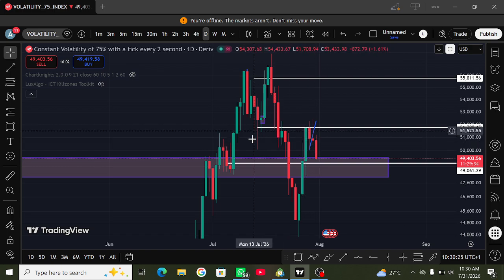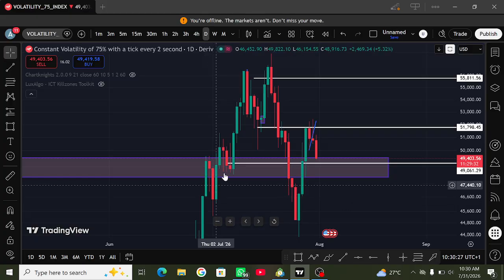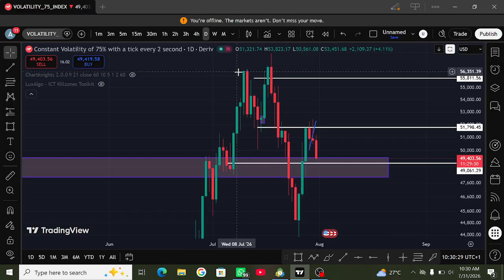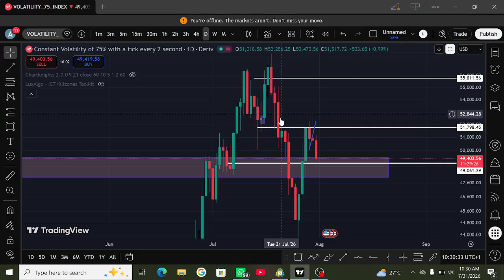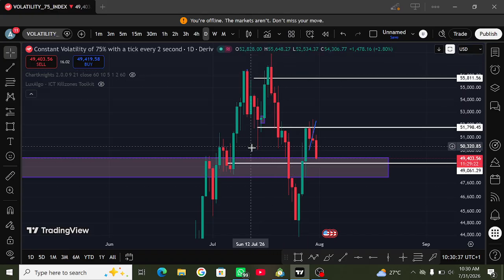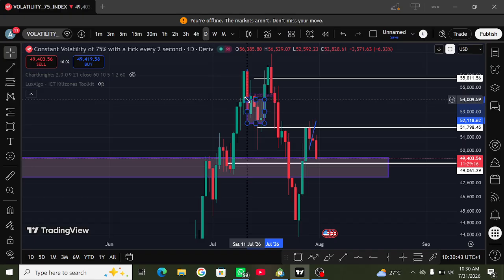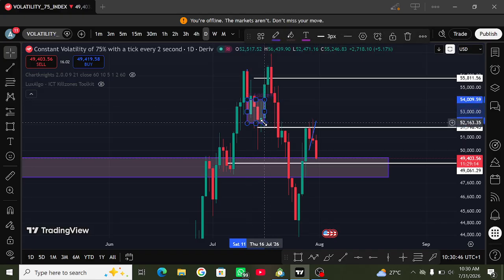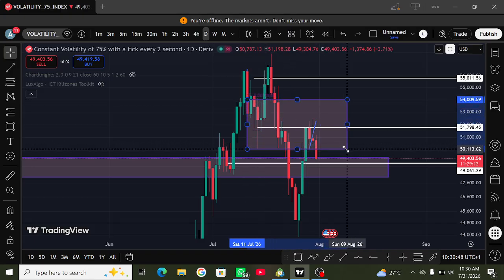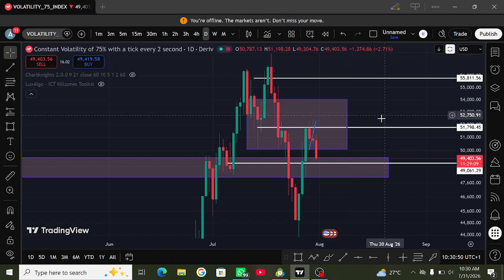You see, this market was bullish before, and then there was a sweep of liquidity. After the sweep of liquidity, the market dragged down here and broke this higher low, so it created a breaker block on the higher time frame.